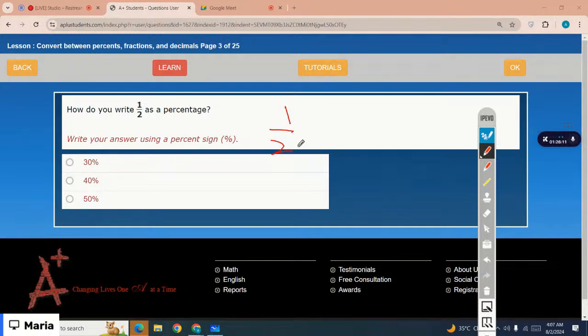So 2 times 50 is 100. Just multiply the denominator by 50. You have to make the denominator equal to 100. So that is 50 over 100, and 50 over 100 means 50%. When you are given a fraction and you have to write it in the percentage form, you have to make the denominator equal to 100.